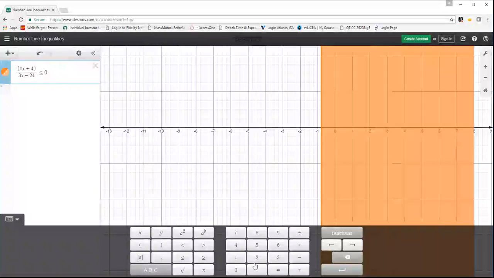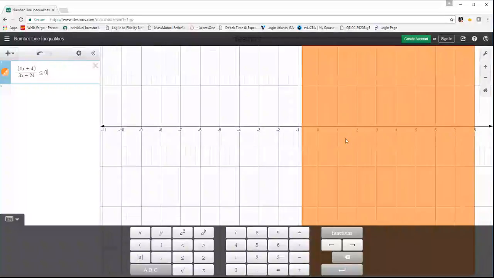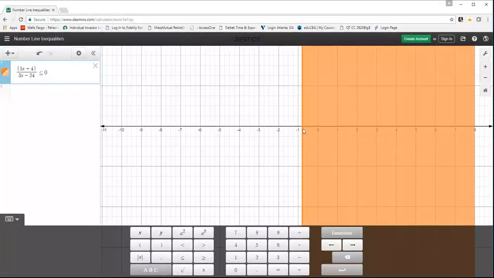It's only in this range, when x is between negative 4/5 and 8. So that's how we would graph it. We would have a solid line here at negative 4/5, a dotted line at 8 because it can't be equal to 8, and then the shaded region would be the region where that inequality is true.